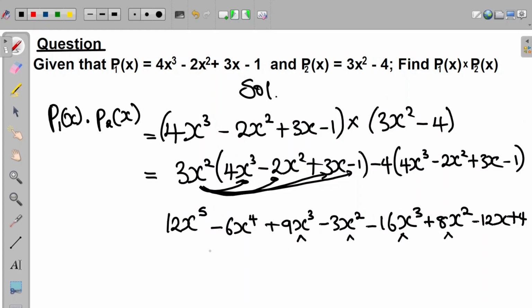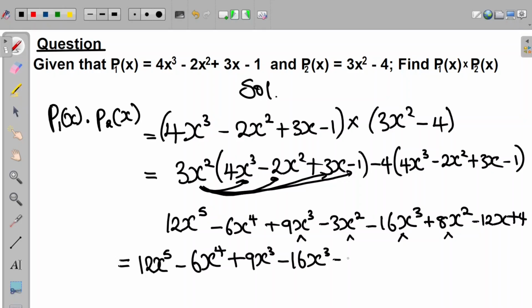So if we simplify, this becomes 12x to the power of 5 minus 6x to the power of 4 plus 9x cubed minus 16x cubed minus 3x squared plus 8x squared minus 12x plus 4.